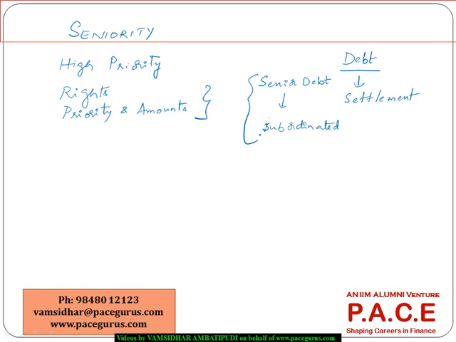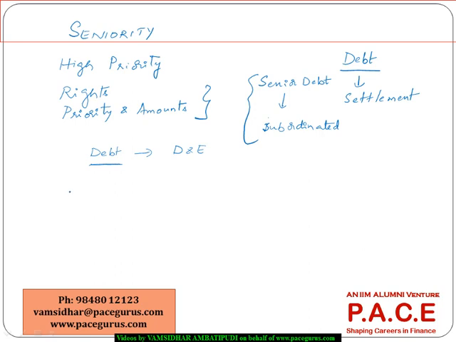Now, apart from this dimension, I also see that there are some debt instruments which have the characteristics of both debt and equity. They are issued currently as debt instruments, but they have the characteristics of both debt and equity.